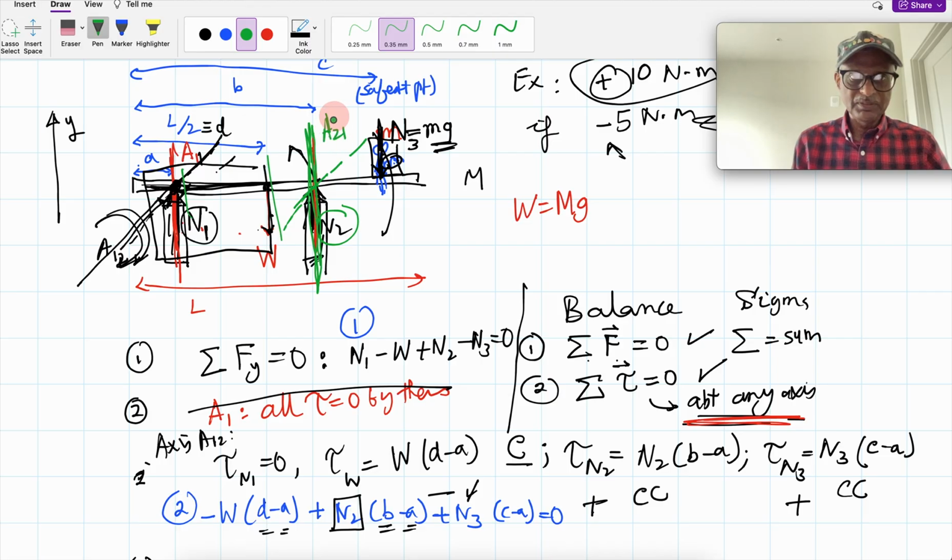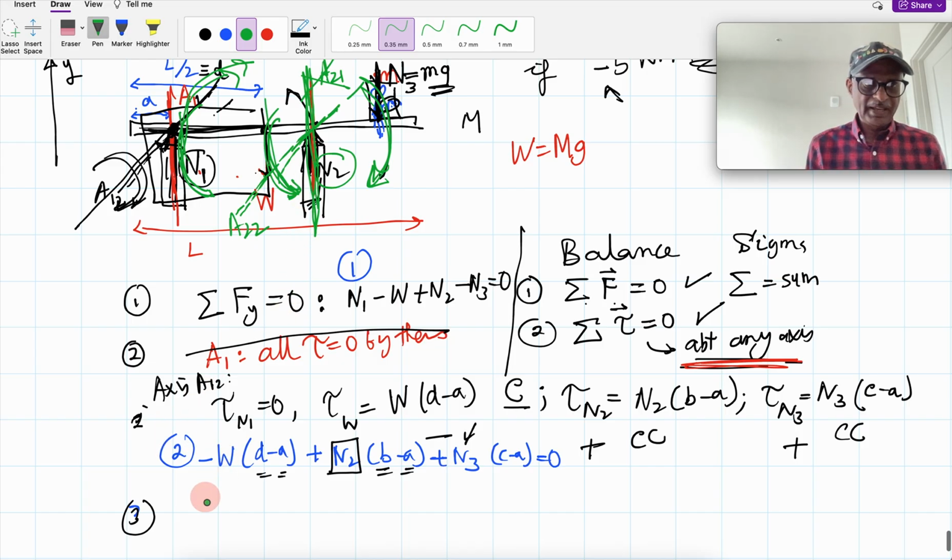So you try this axis, A2. The weight will try to rotate it this way, N1 will try to rotate upward that way, and N3 will try like this. So N1 and N3 are acting the same way, but the weight is counterbalancing that.